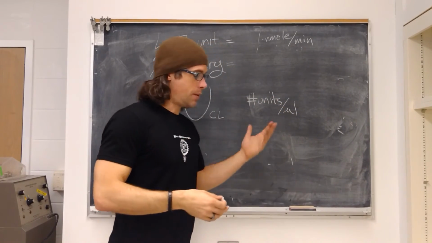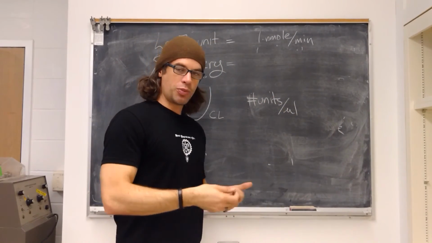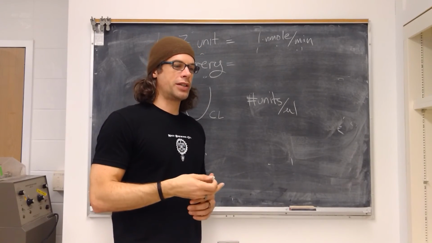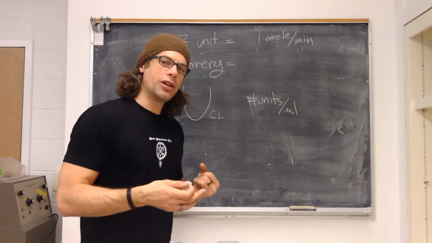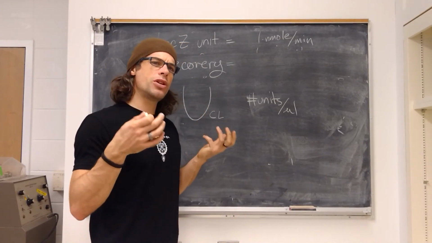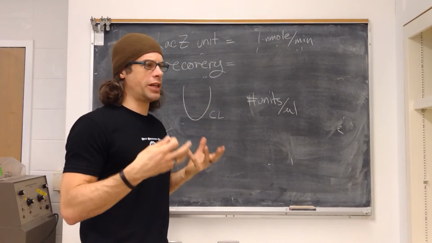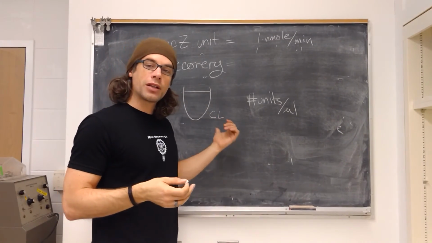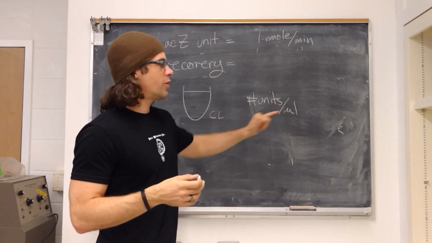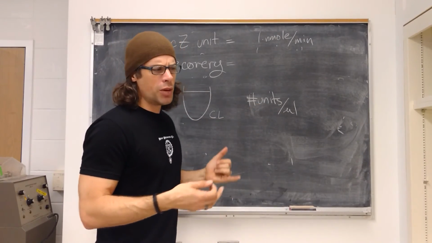So if you assayed 10 microliters of cleared lysate, divide your units by 10. If you assayed 2 microliters of cleared lysate, divide it by 2. Once you know the number of units per microliter, we have to figure out how many units of lacZ activity we could have actually isolated. Well, for this, we have to go back to the volume of the cleared lysate. We know how many units there were per microliter, but what was the volume?